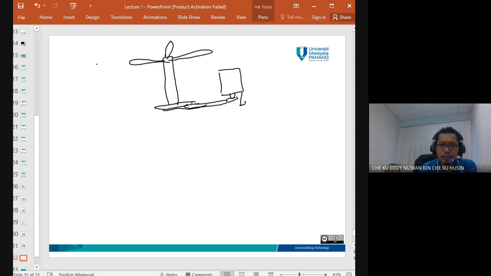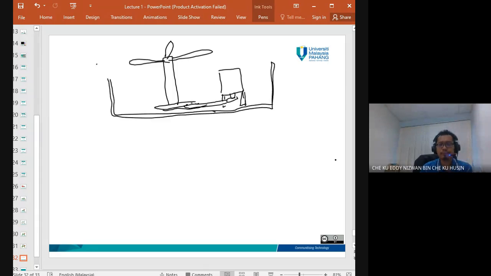The motor is fitted to a structure like this.